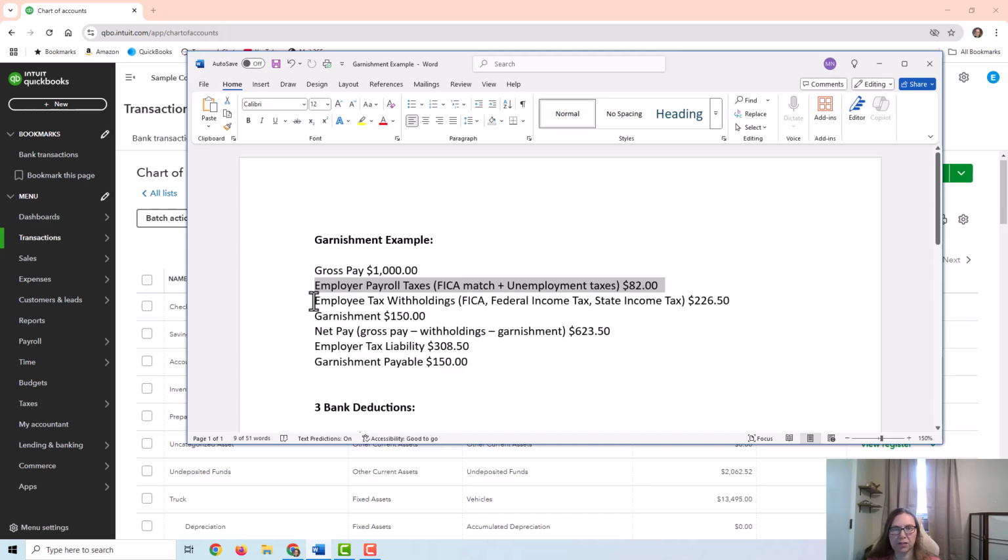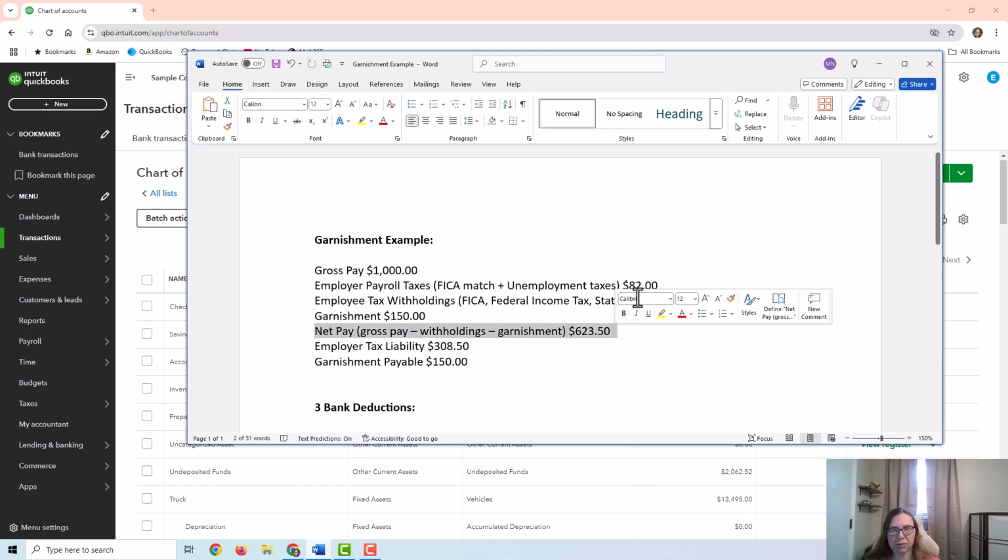That's going to be $82. The employee will have some tax withholdings, and just for purposes of demonstrating, I'm going to put all of this into one payable account instead of having separate federal, state accounts, etc. That will be $226.50, and then this employee has a garnishment of $150.